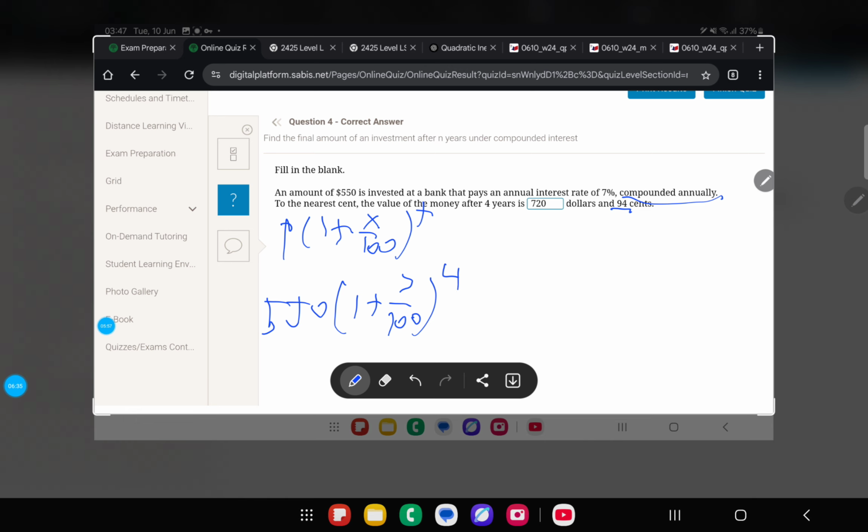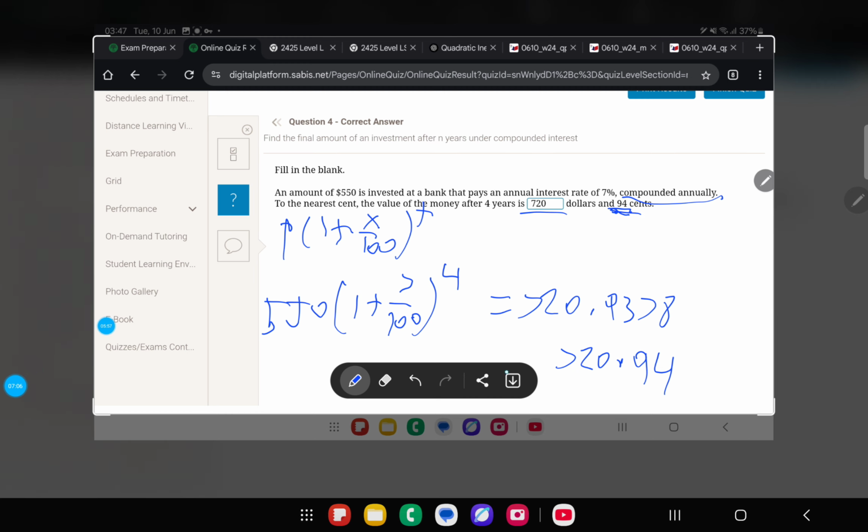I'm gonna do that in the calculator. 550 times bracket 1 plus 7 over 100 to the power of 4. You get 720.9378. Okay, now you just round it up, 720.94. Okay, since they gave it to us in 2 decimal places, right? So it's 0.94.